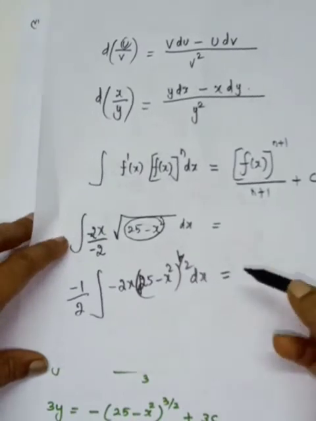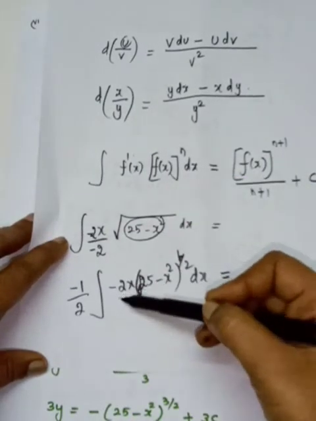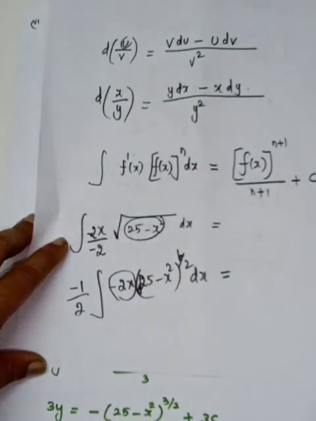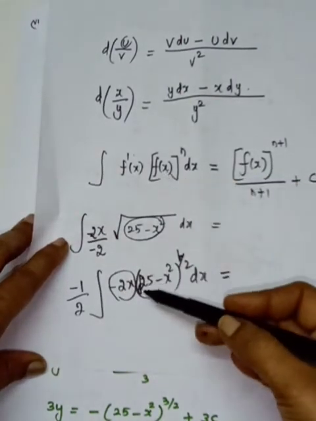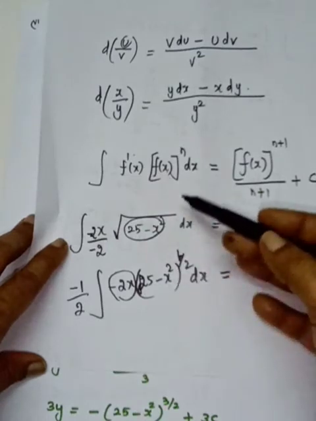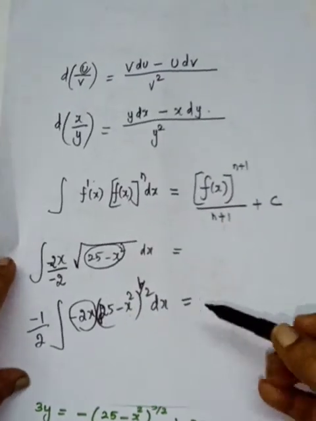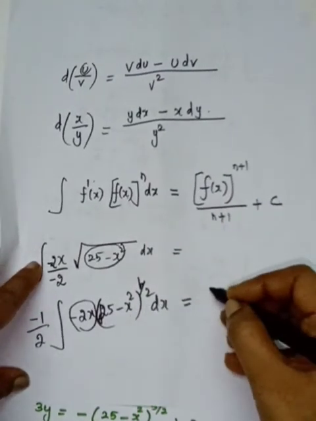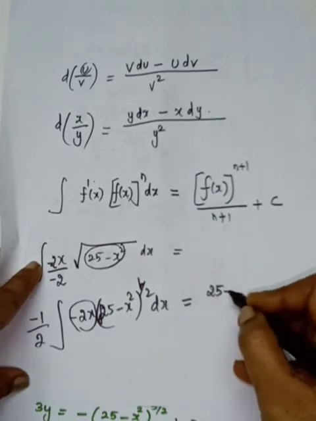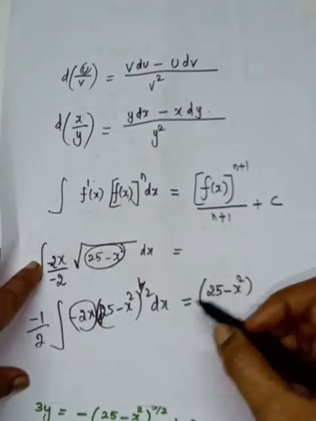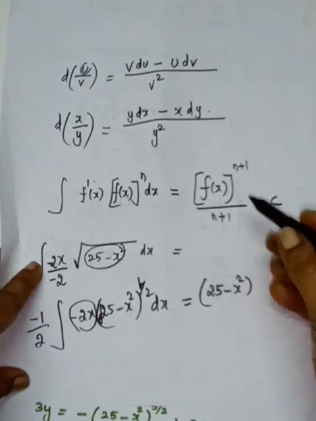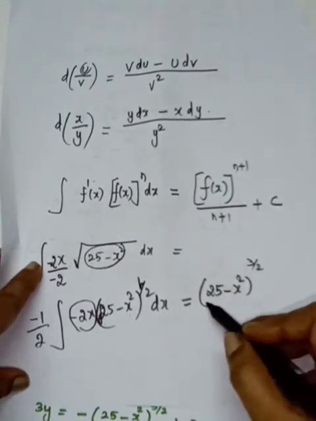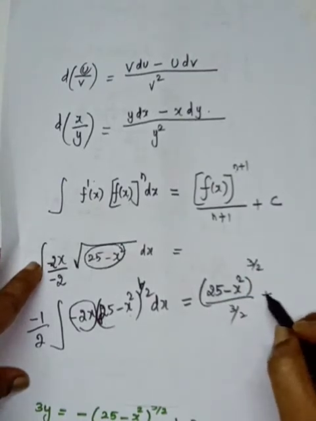Now it is exactly in the form of f dash of x, and your f of x is 25 minus x squared. The n is half. So it can be written as 25 minus x squared the whole power half plus 1, that is 3 by 2, divided by 3 by 2, plus c.